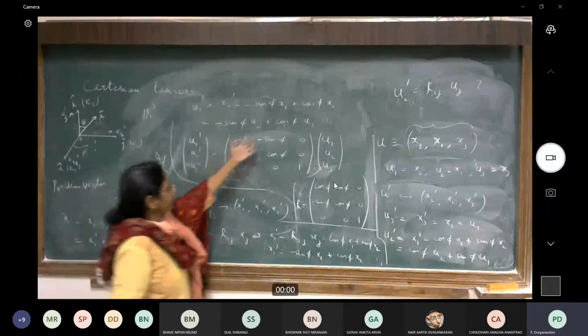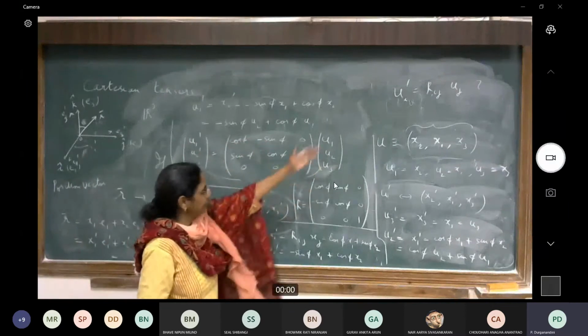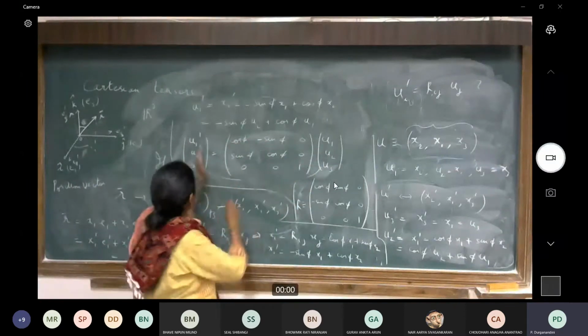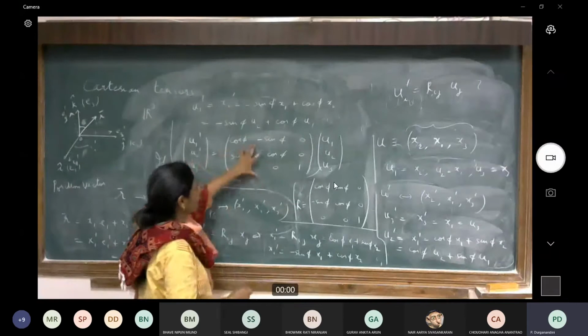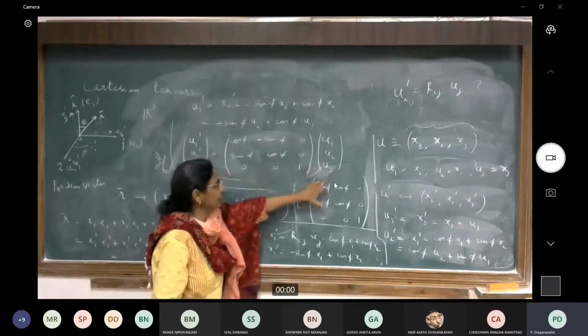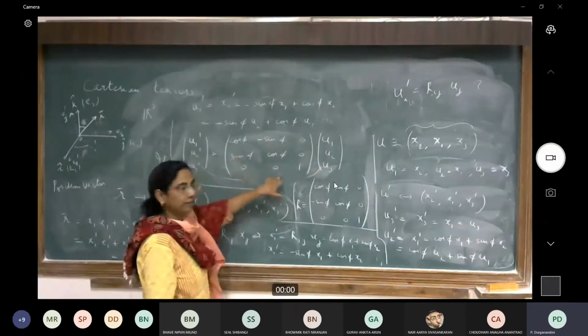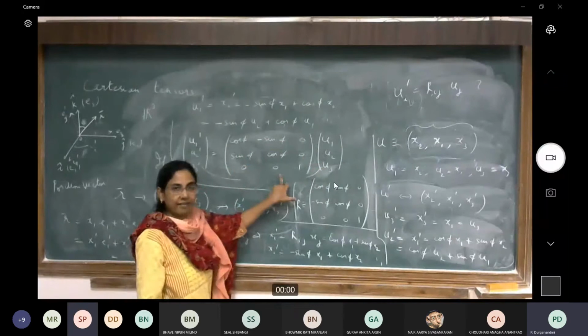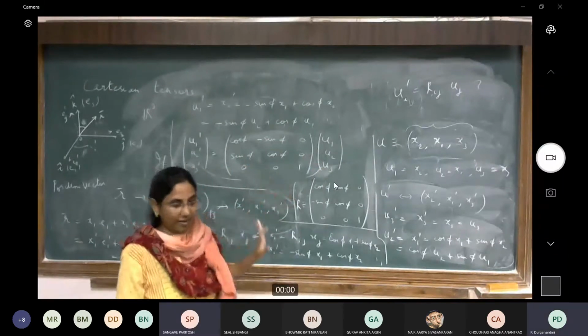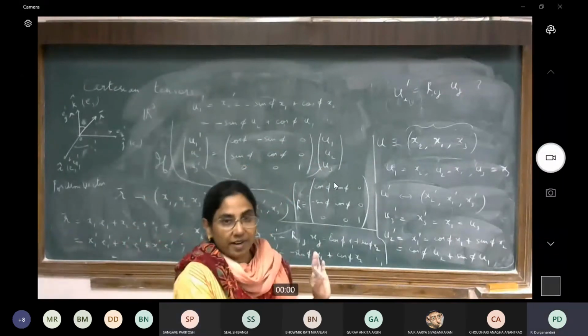For that, all I have to check is whether this matrix is the same, because that means I should simply get x1 prime, x2 prime, x3 prime equal to R times x1, x2, x3. But is this the same as R? This is R transpose. So it is not the same as R.